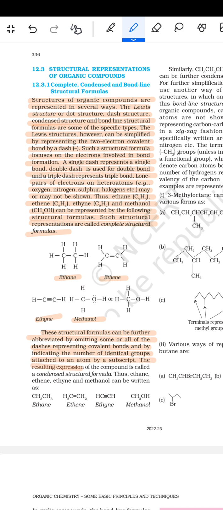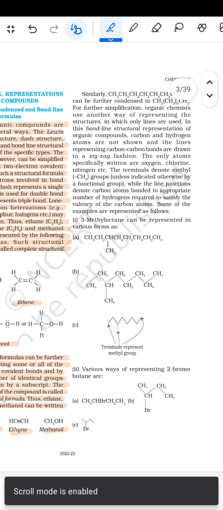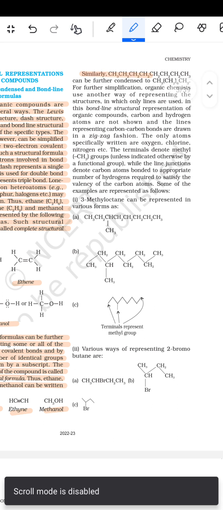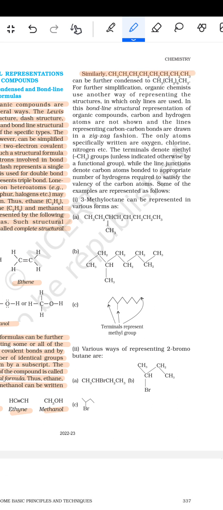The resulting expression of the compound is called the condensed structural formula. Thus, ethane, ethene, ethyne and methanol can be written in condensed form. Similarly, CH3CH2CH2CH2CH2CH2CH2CH3 can be further condensed as CH3(CH2)6CH3.